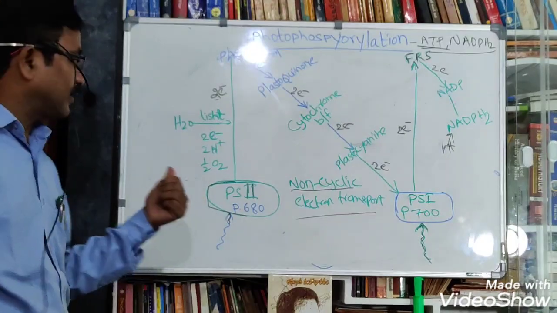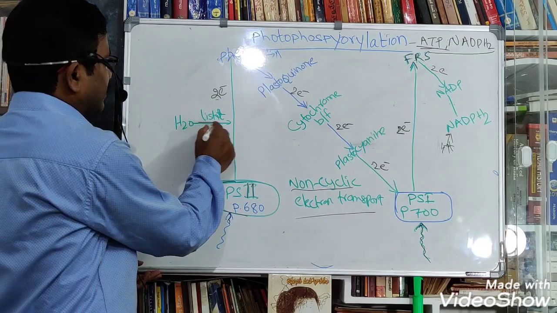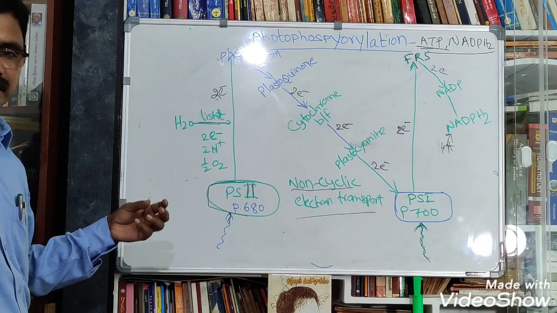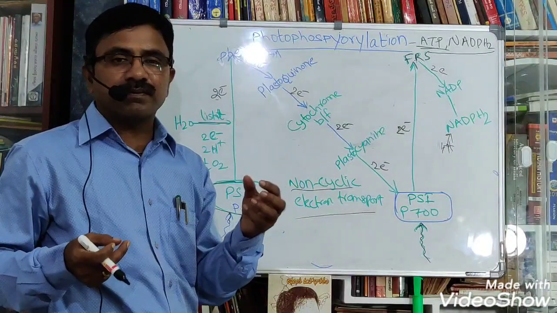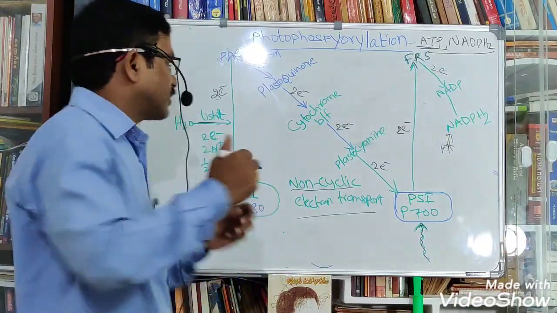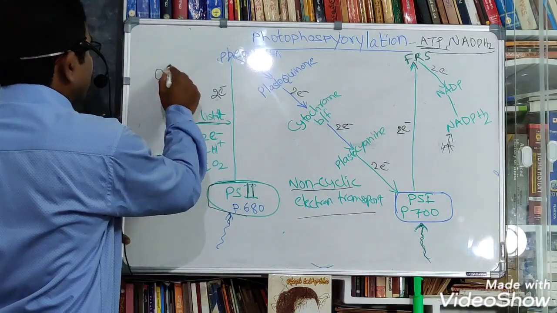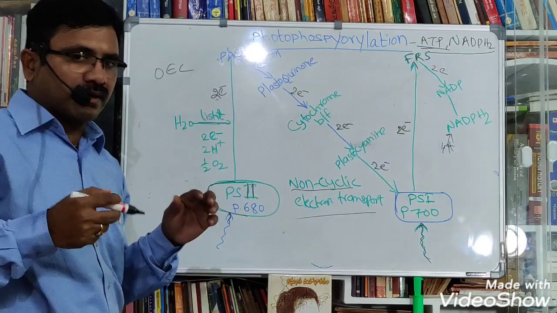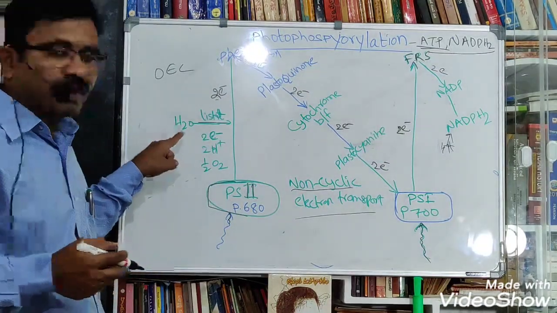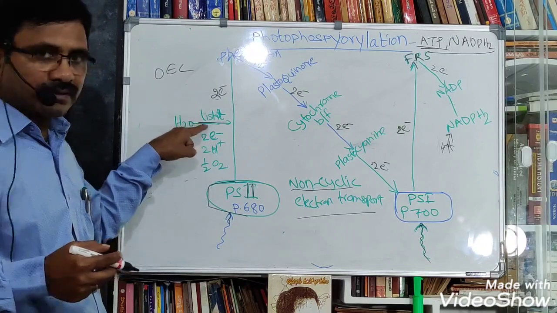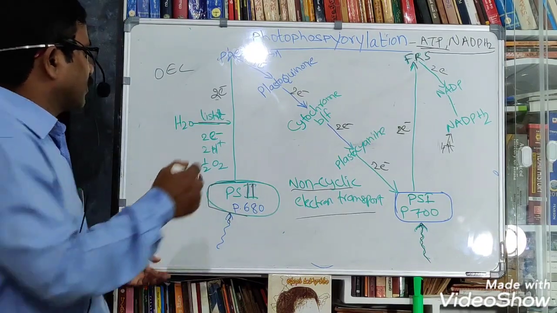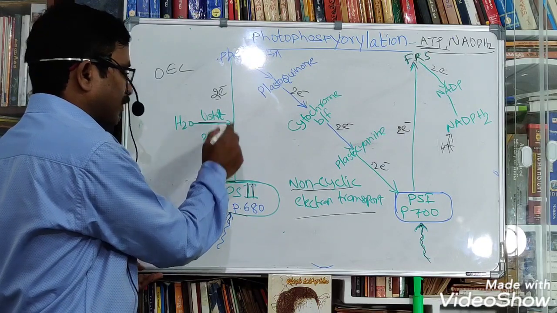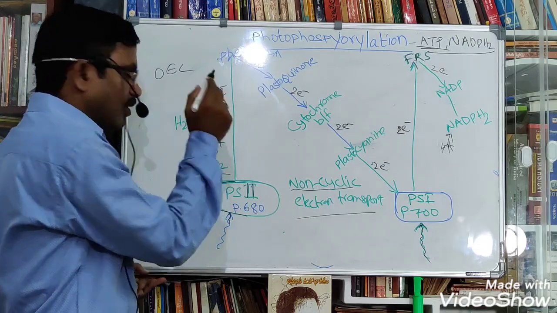In this condition, photolysis of water takes place. In the thylakoid, the inner membrane possesses the oxygen evolving complex. The oxygen evolving complex directs the splitting of water molecules in the presence of light. Due to the splitting of the water molecule, it releases a pair of electrons, a pair of protons and molecular oxygen.